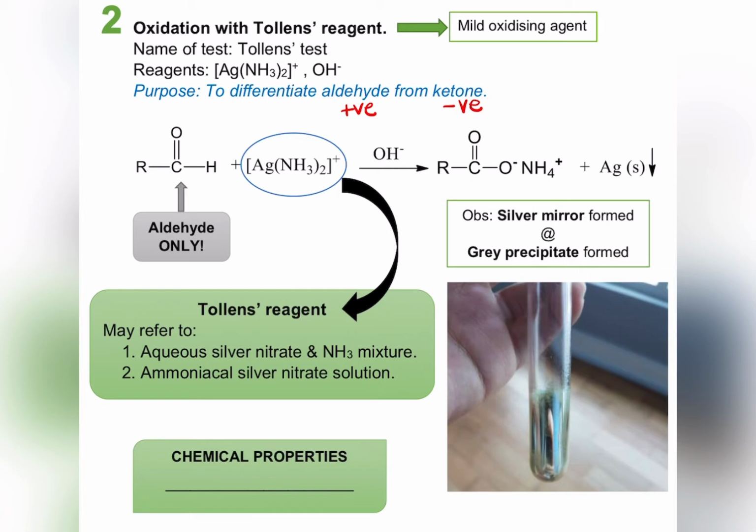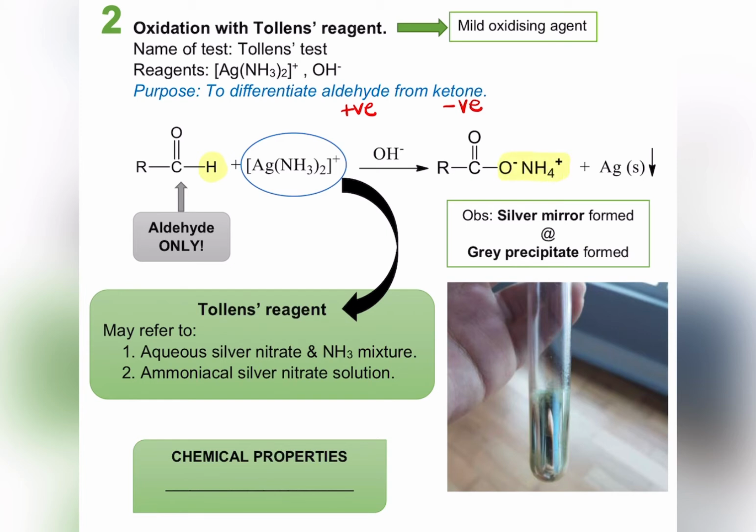So you have aldehyde with an alkyl group attached to the carbonyl carbon, or another hydrogen, that's fine, plus Ag(NH3)2 plus. So this is the Tollens reagent, and you have to put the OH minus on top of the arrow, and the product's form will stay as it is, but the hydrogen here will be changed to O minus and NH4 plus.